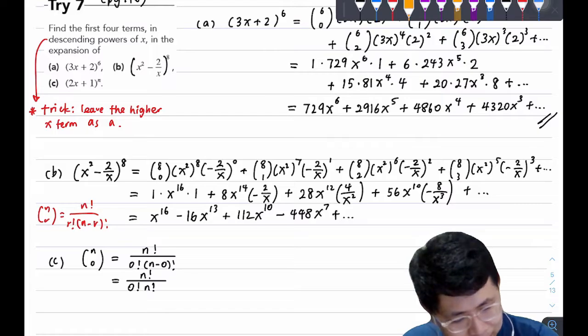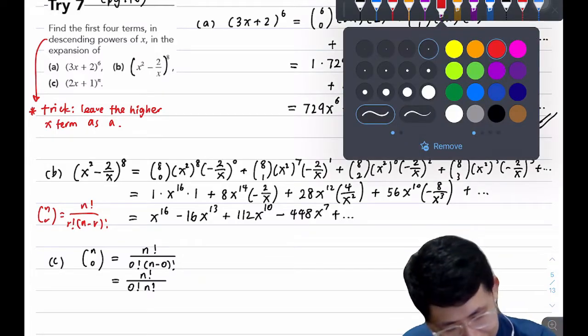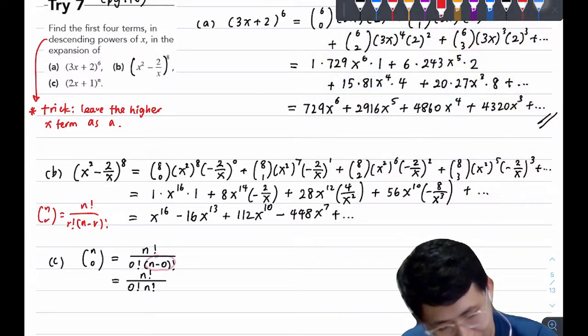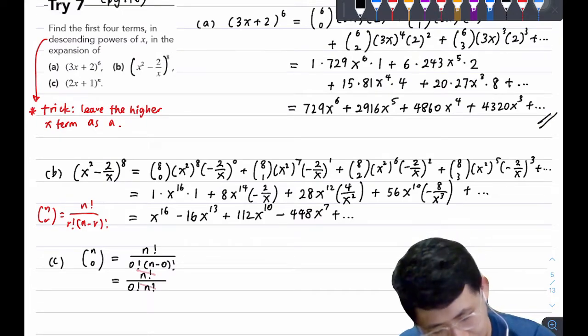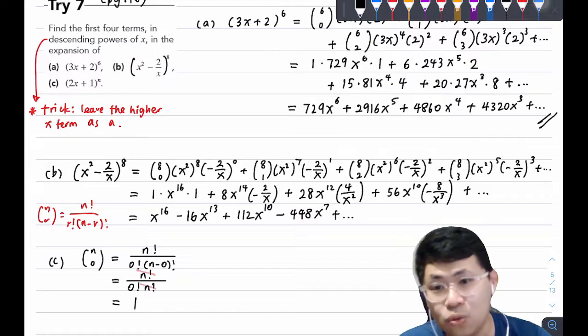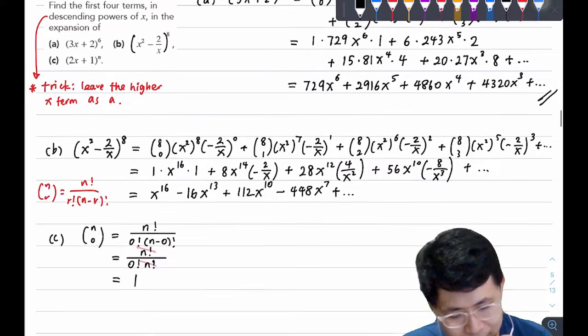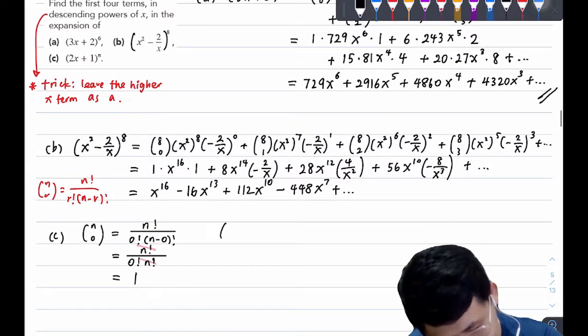The n factorial cancels, and 1 over 0 factorial is 1, because 0 factorial is 1. So n choose 0 is 1.